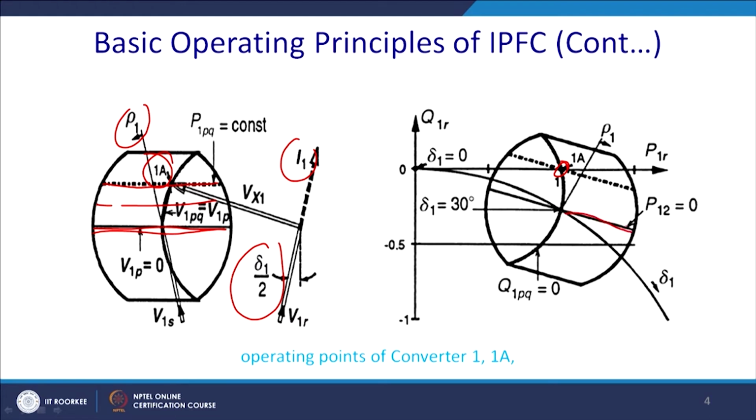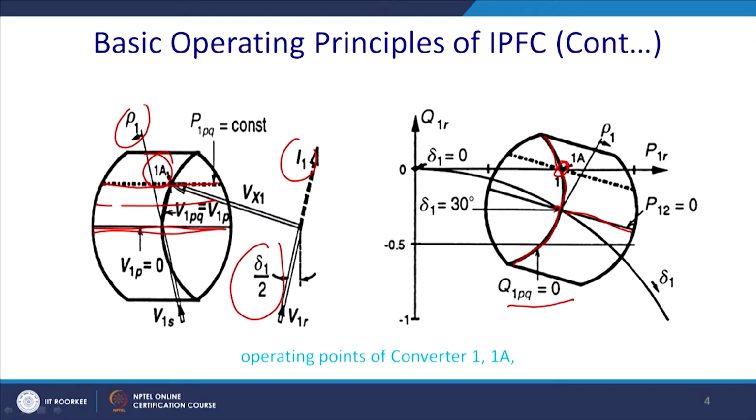Similarly, the power corresponding to this line is P1 equal to 0. Similarly, if you go along this line, the exchange of reactive power is 0, so Q1 is 0, and you are operating at the same operating condition, delta equal to 30 degrees.